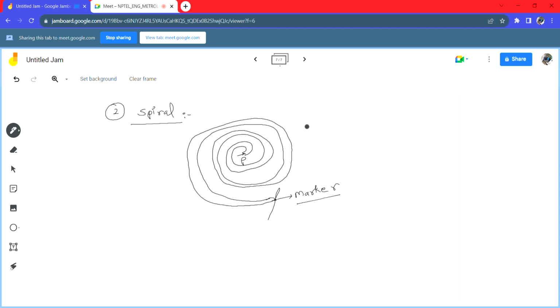So if you closely observe this figure, a spiral type is nothing but parallel arrangement of multiple C sections.